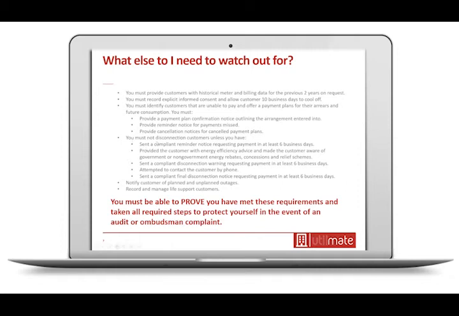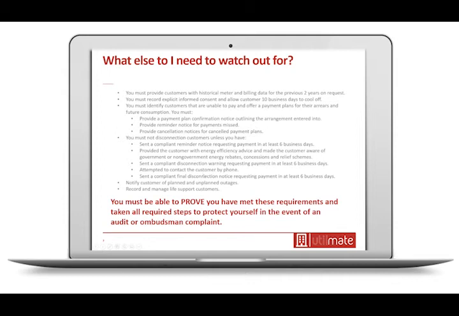Disconnection of customers. If it gets to that point, and there was a lot of pressure on some sectors and customers during the COVID lockdowns that have occurred this year. But essentially, you must not disconnect a customer unless you have ticked the boxes, which is sending them reminder notices, trying them by phone, giving them advice around concessions, rebate schemes, etc. that they can apply for, and obviously sending them final disconnection notices.